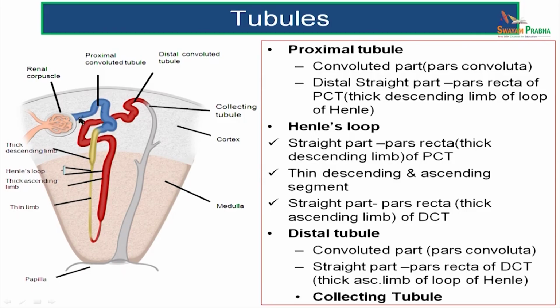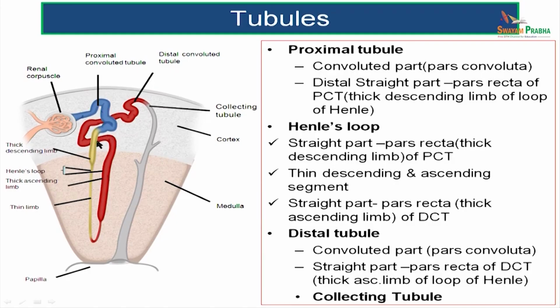Proximal tubule is solely seen in the cortex. It begins from the renal corpuscle. It has got a convoluted part which is in the cortex, that is called as pars convoluta.